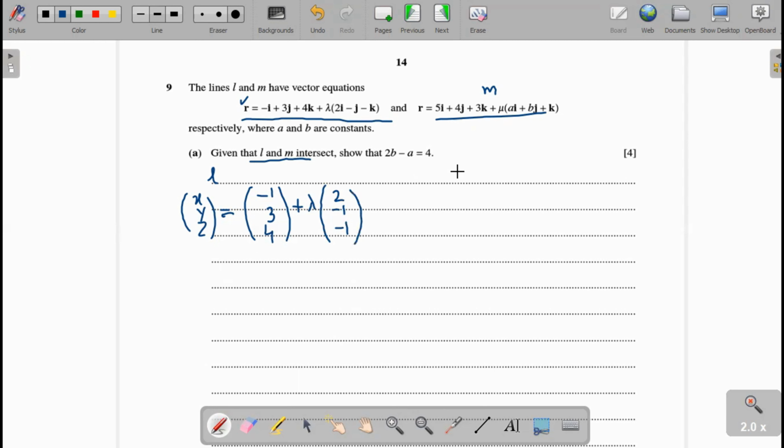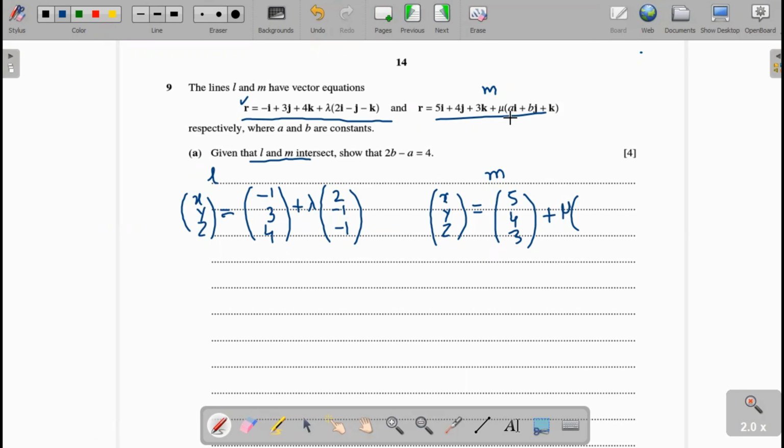Same as we write the vector equation N also in column vector form, x, y, z, equal to the position vector 5, 4, 3, plus mu into the direction vector a i plus b j plus k.